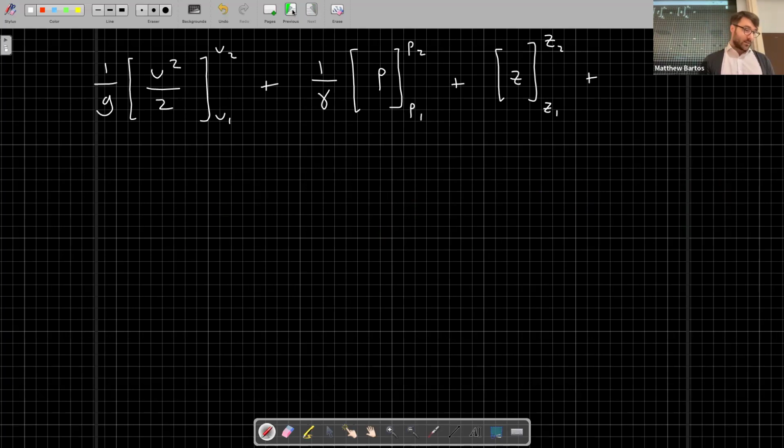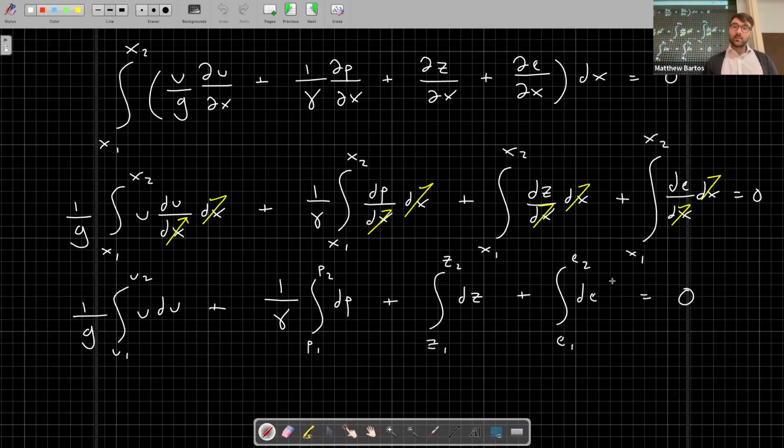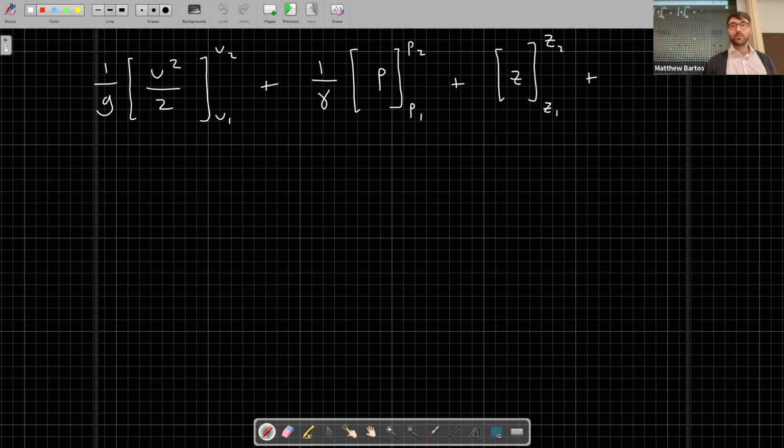And then this integral here, basically what we're doing is we're integrating the energy loss. So this term here, the integral of dE from E1 to E2, this becomes the head loss. So we'll just call this the head loss. And this is going to be equal to 0.